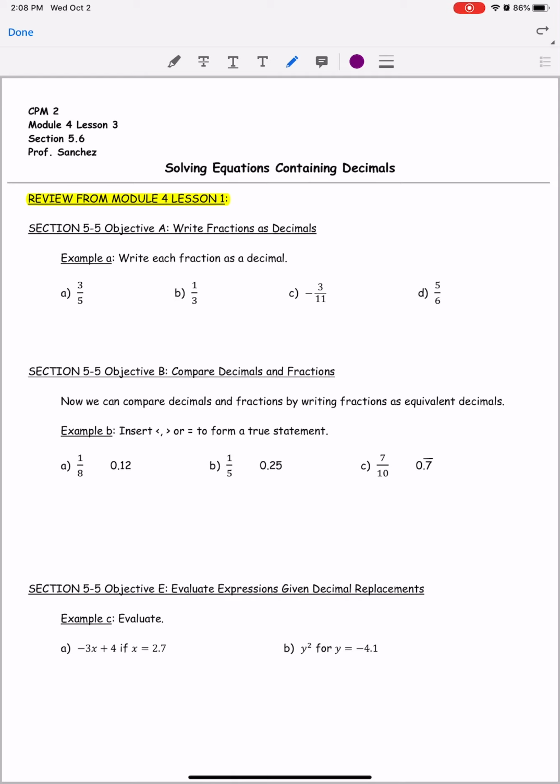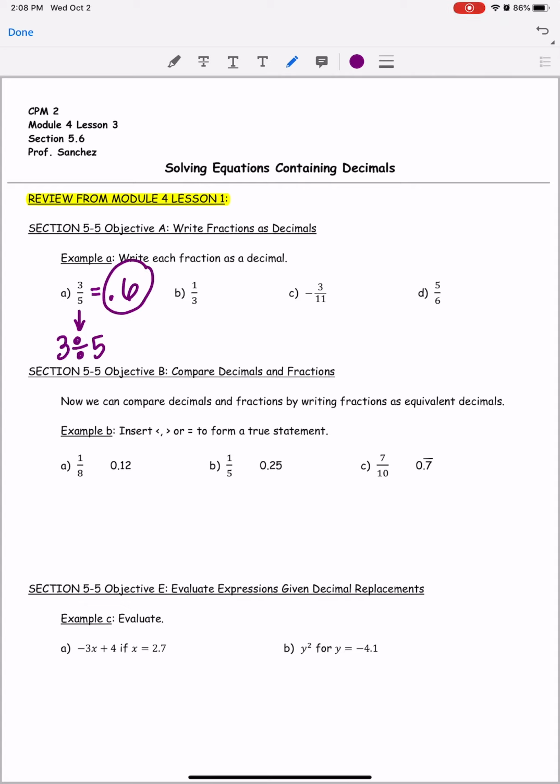So your review, example A, says write each fraction as a decimal. This is calculator work. This is when you just divide the numerator by the denominator. So in your calculator, you're just doing 3 divided by 5, and you get 0.6.